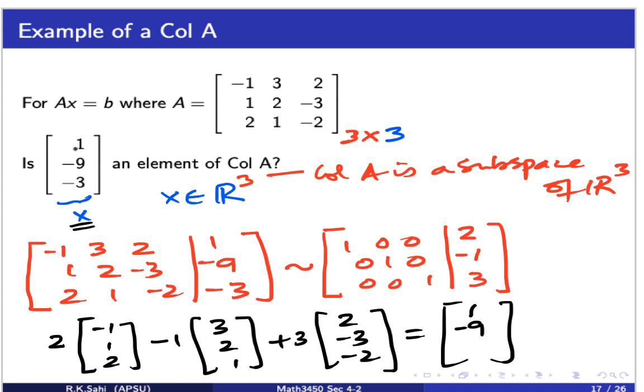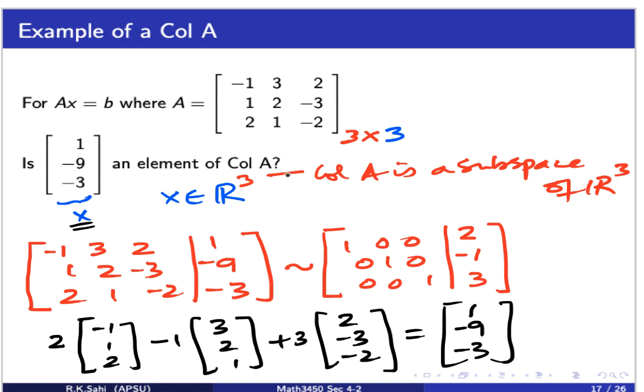Great, we are already getting the first 2 elements. Let's look at the last one. 4 minus 1 is a 3. And 3 minus 6 is going to give us a -3. So yes, this element can be written as a linear combination, and we also know the values which make this X an element of the column space of A.